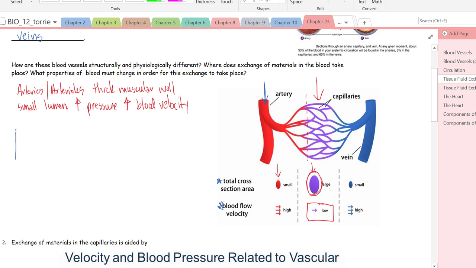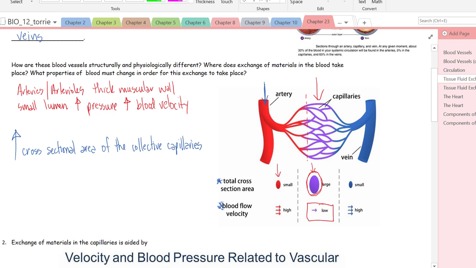So the increased cross-sectional area of the collective capillaries. And that's where the capillaries are so numerous, right?